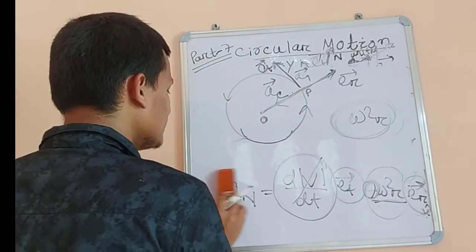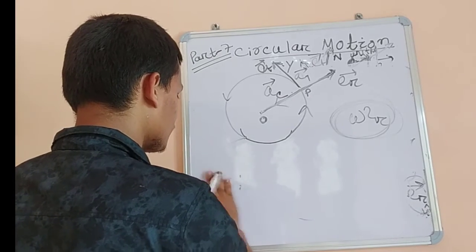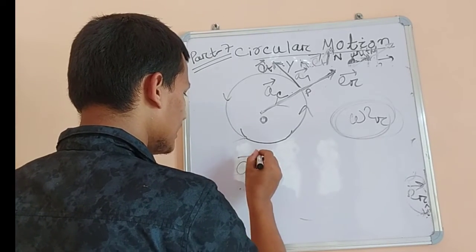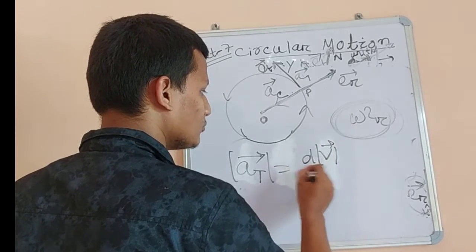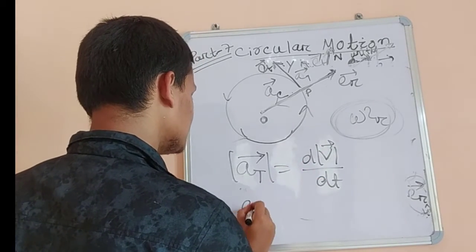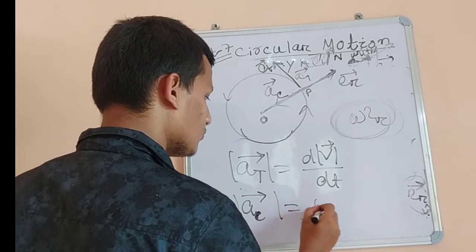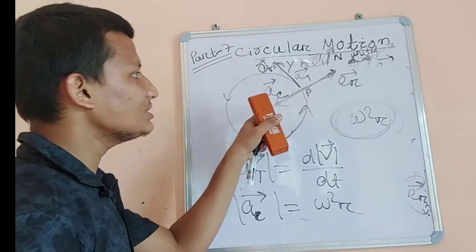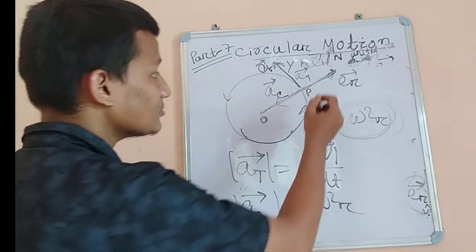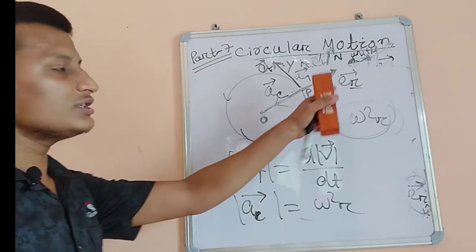So we finally find that the modulus of at vector equals dv modulus by dt, and the modulus of ac vector equals omega square r, and it is acting in the direction opposite to the radial direction. The radial direction is outward from the circle. This is ER vector and this is opposite to the ER vector.